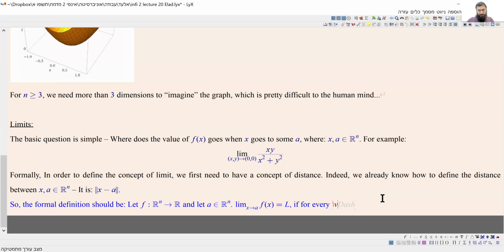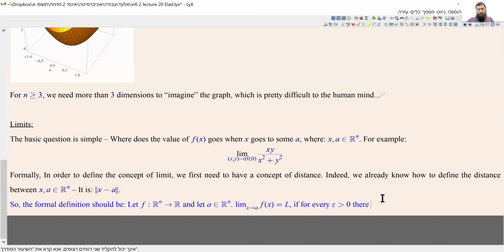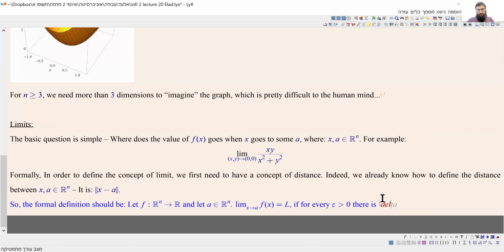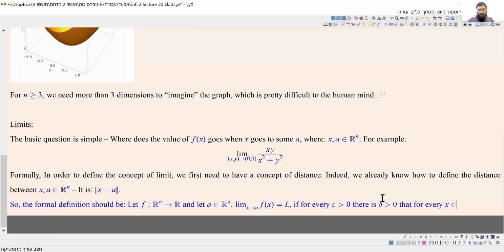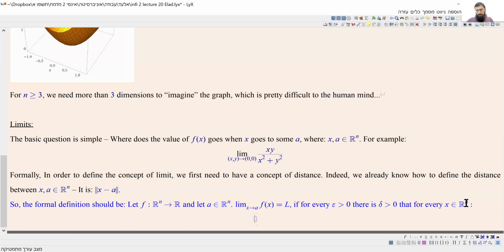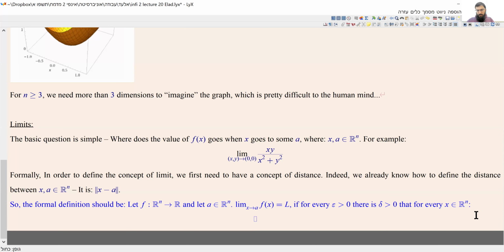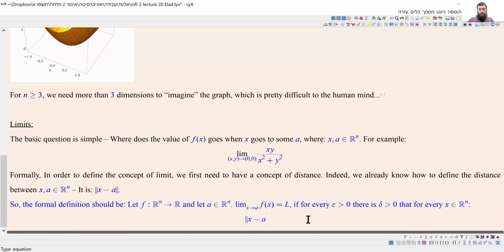epsilon greater than 0, there is some delta greater than 0, that works for every epsilon. If the distance between x and a is smaller than delta, then the distance between f(x) and L is smaller than epsilon.